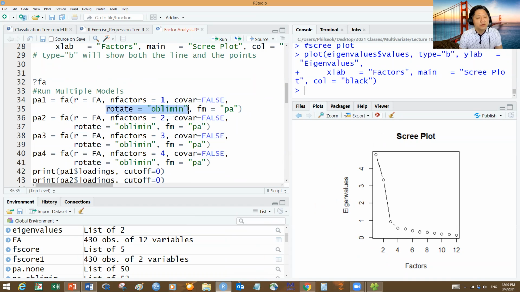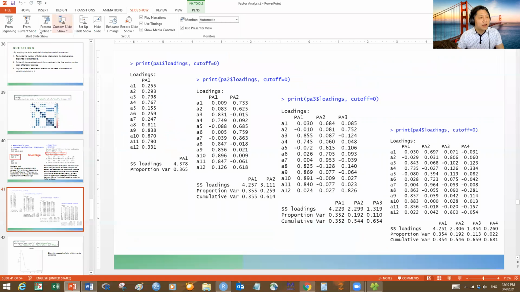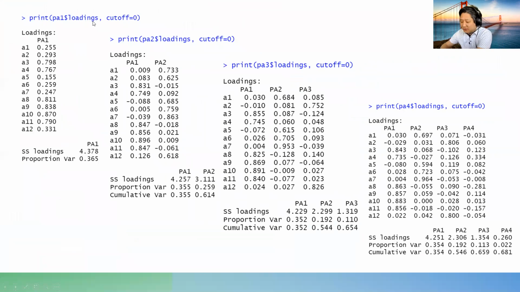I used the oblique rotation method, which allows your factors to covary, so it allows rotation below 90 degrees. And we're going to use principal axis factoring. Let's go back to our source. Do you remember what the rule of thumb was for good factor loadings?